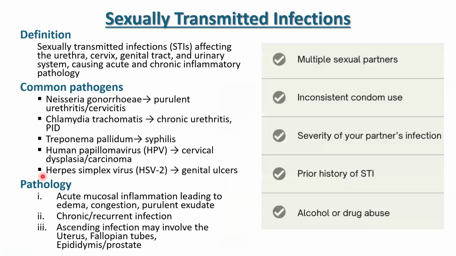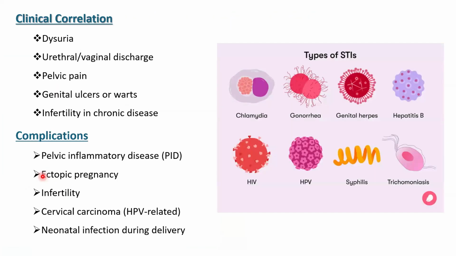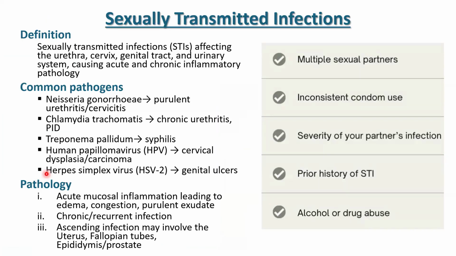The last thing is actually sexually transmitted infections. And these sexually transmitted infections, as we all know, are infections that affect the urinary system and the reproductive system. So urethra, cervix, genital tract, and the urinary tract. And the causes are actually here.